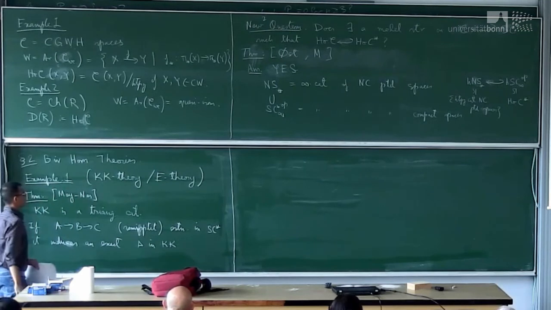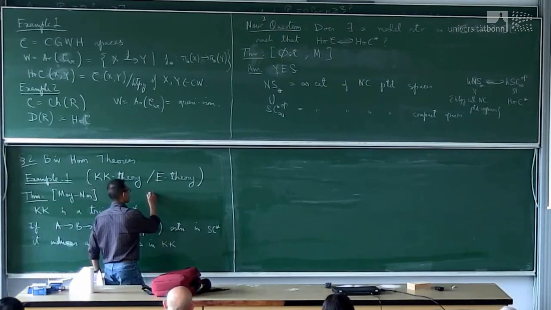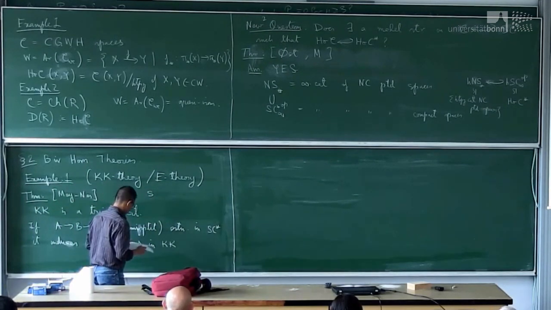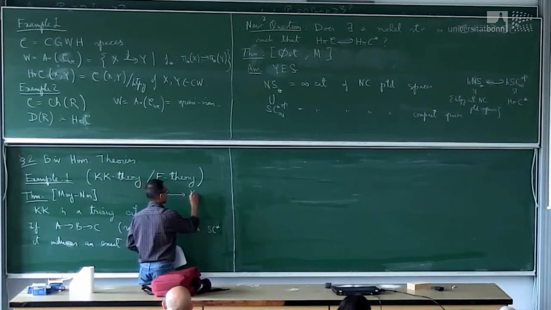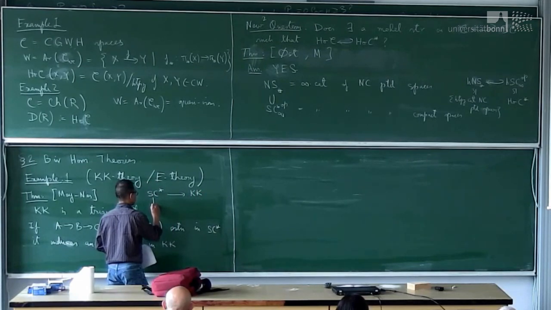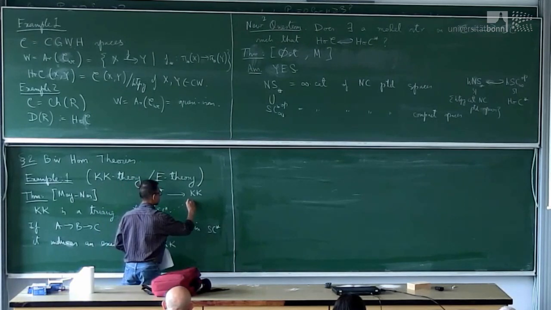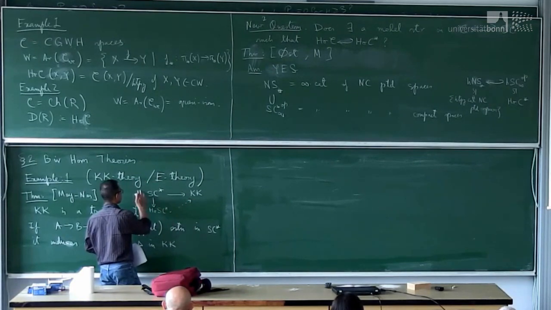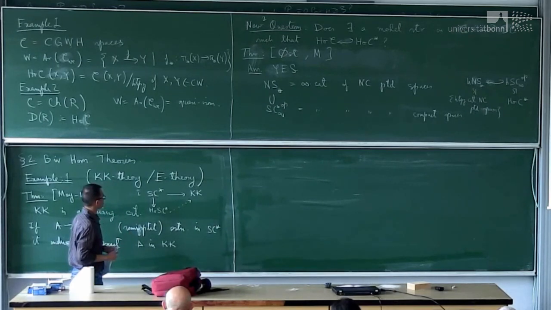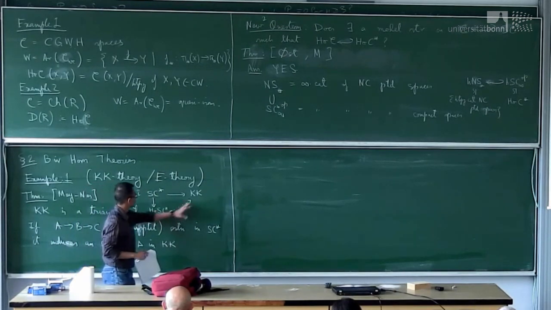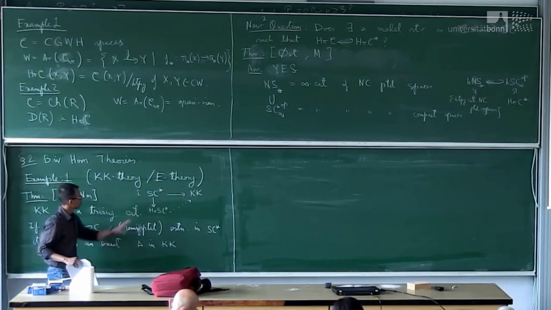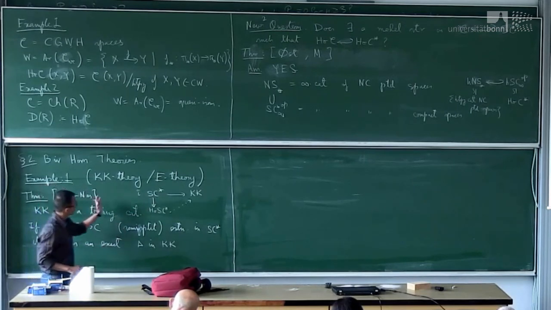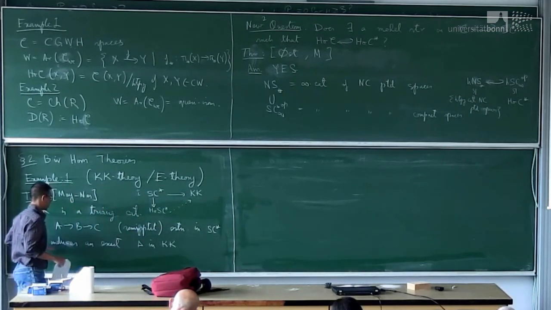Of course, I forgot to write down the diagram. So there is something like this. SC star goes to KK, and it's homotopy invariant. So it actually factors through the homotopy category of separable C star algebras. So there is some canonical functor like this. It is homotopy invariant, so it factors through the homotopy category, and it has the property that if you have an extension diagram here, then this functor will map it to an exact triangle in KK.